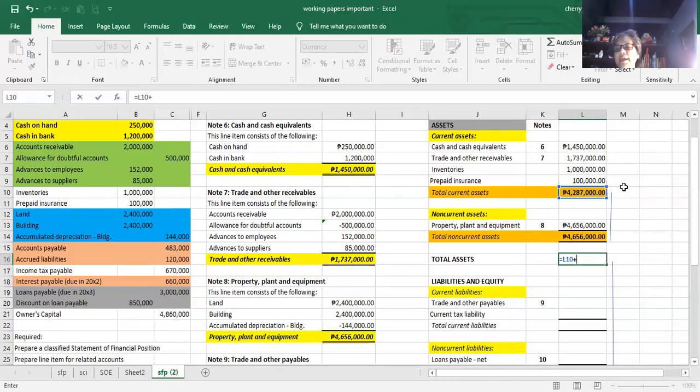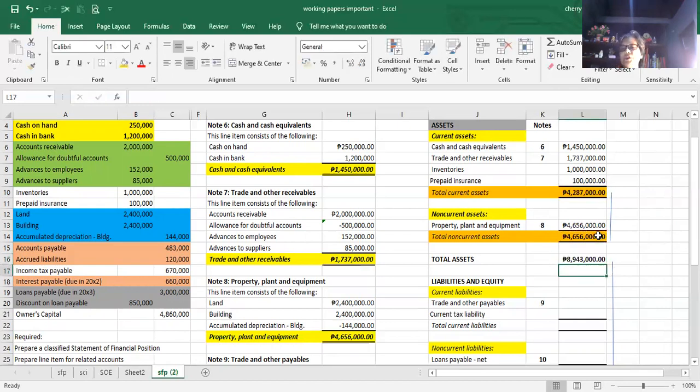And then total non-current assets of 4,656,000. Click and then enter. So you get 4,287,000 plus 4,656,000 is 8,943,000. So double rule. Okay? So that will be your total assets.